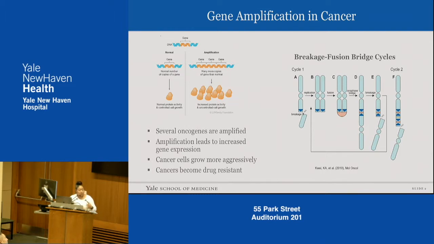And these different amplified regions can either be kilobases or megabases long, which could result in not only having the amplified genes, but also passenger genes. So these different amplified copies give a really strong mechanism for why many cancers actually thrive.